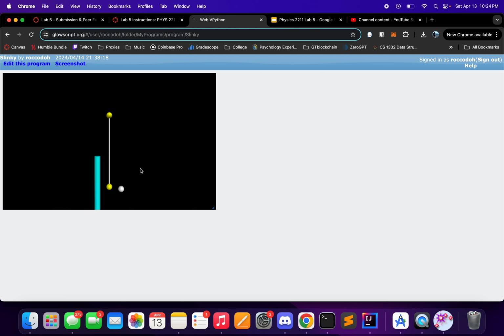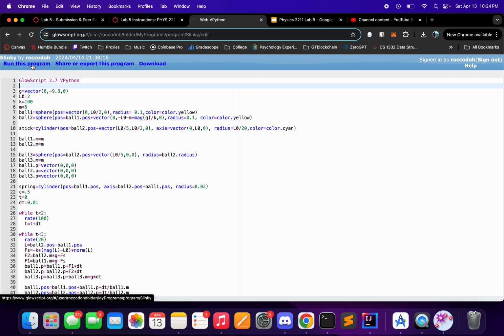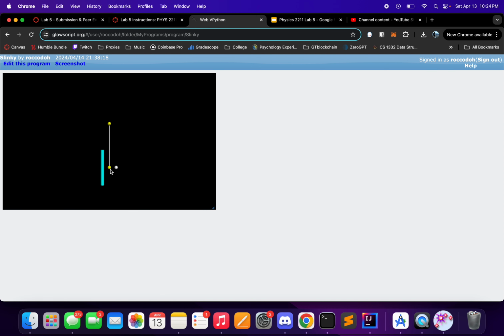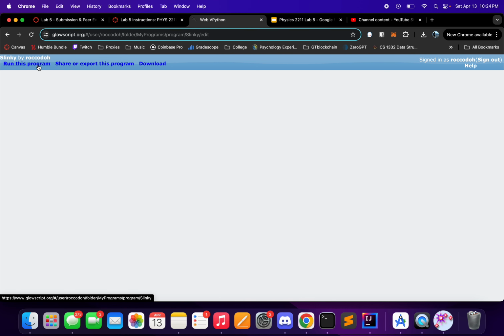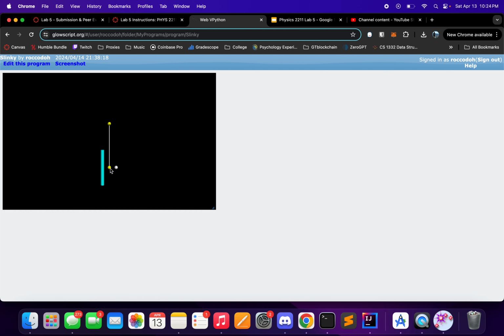This is a slinky, and as we run this program, we also see as it lets go, the ball starts falling, but the bottom of the slinky does something similar where it stays in place until it gets to a certain point.